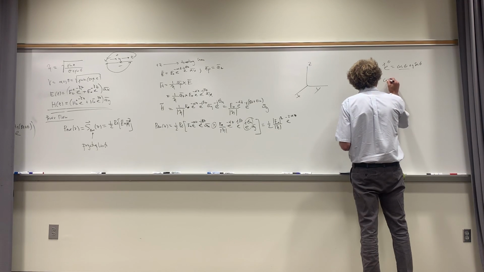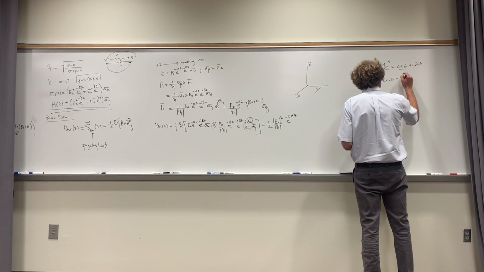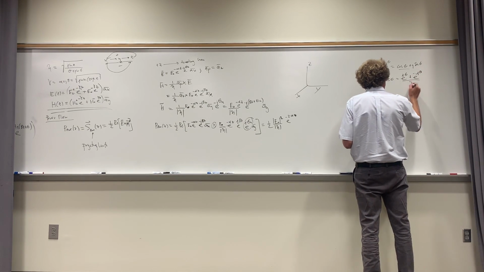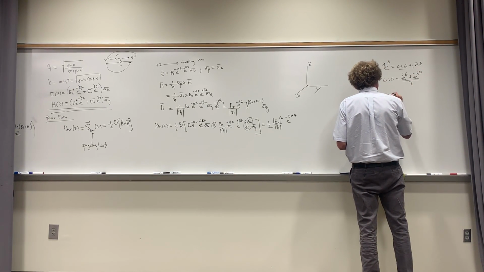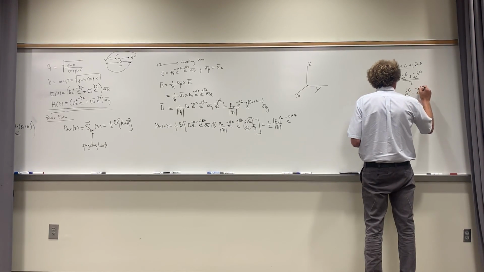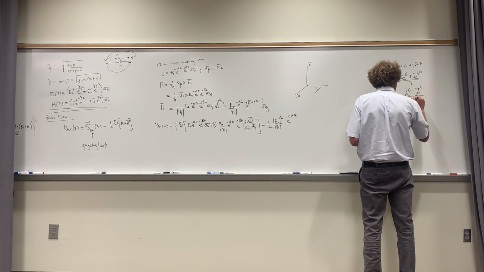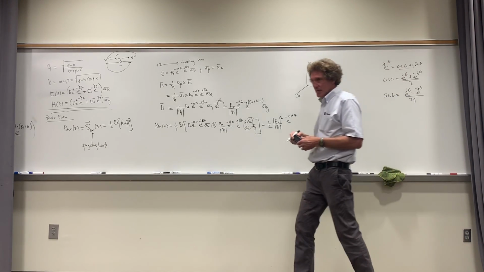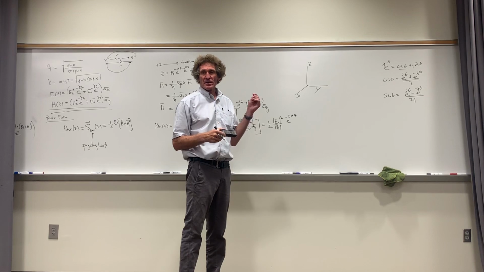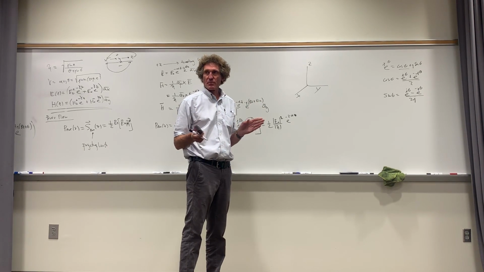Another form is cosine of theta is equal to e to the j theta plus e to the minus j theta over 2. And you might as well write these down. Sine of theta is equal to e to the j theta minus e to the minus j theta over 2j. We use these three extensively in engineering. I'm surprised you haven't encountered them in circuits or signals and systems, or both.